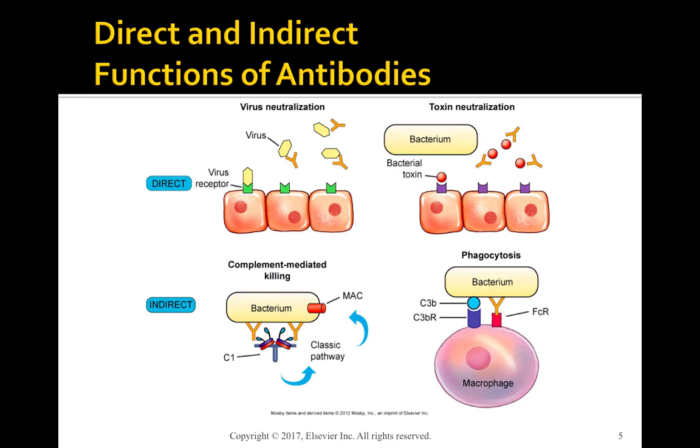They can deal with it indirectly by creating a situation where the bacterium gets killed. They can release certain toxins and neutralize the toxins of the bacteria, or they can just eat up the bacterium through the macrophage process altogether. So these are just different ways that antibodies function.